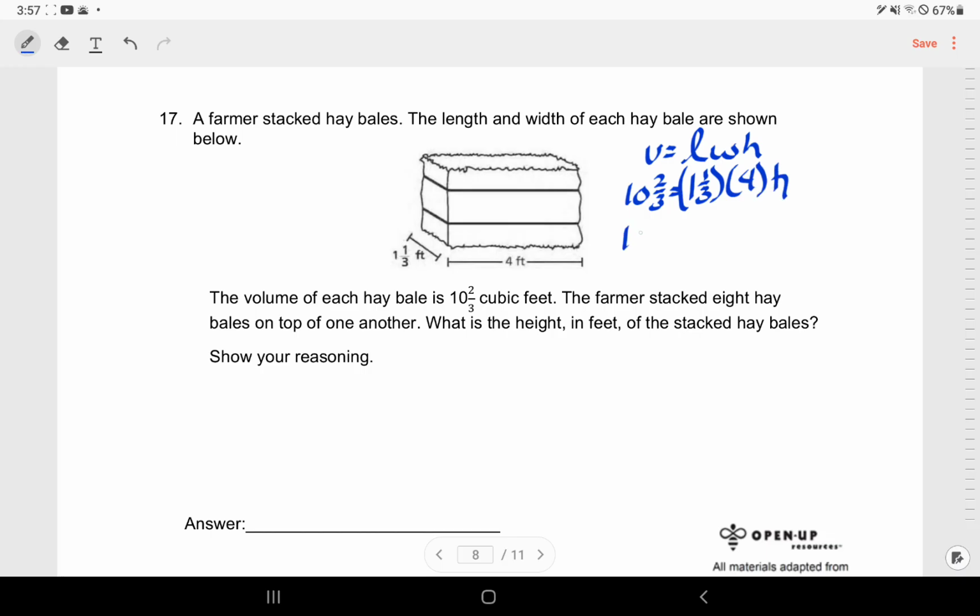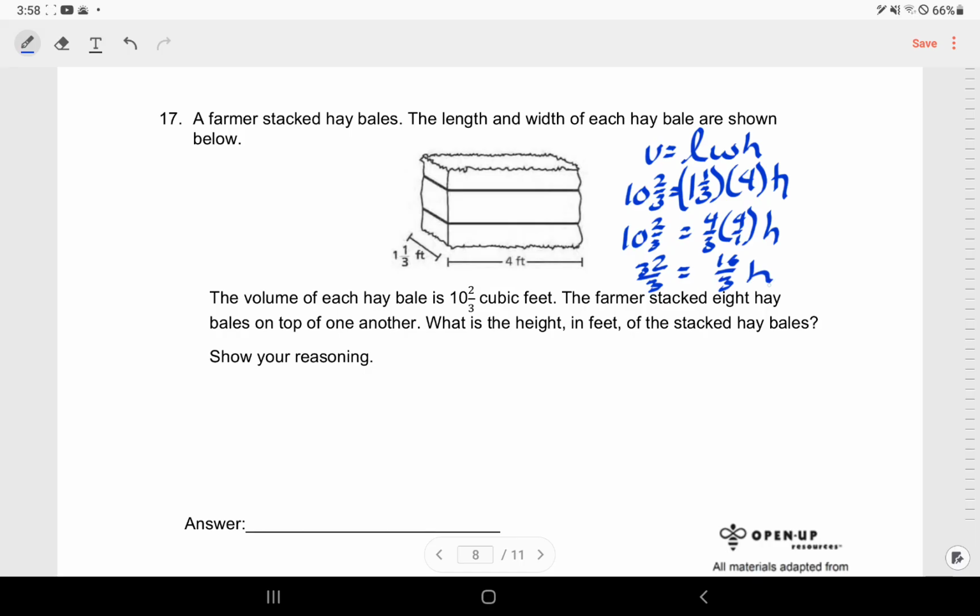So we're going to do 3 times 1 is 3 plus 1 is 4. So that's 4/3 times 4 over 1. Well, 4 times 4 is 16. 1 times 3 is 3. And I'm just going to make this improper to save myself time. 3 times 10 is 30, plus 2 is 32 over 3.